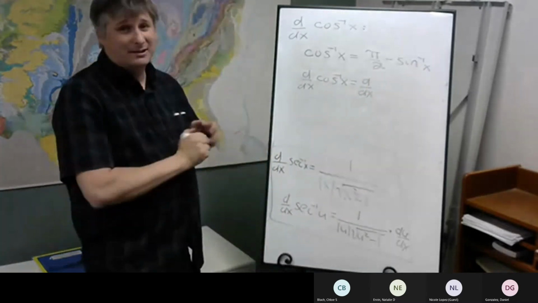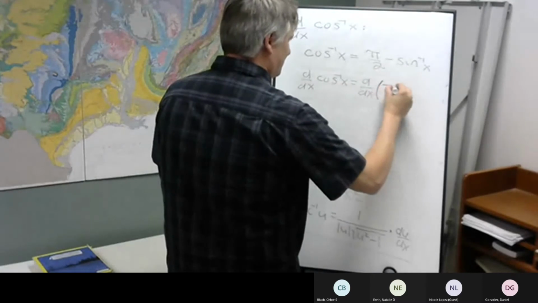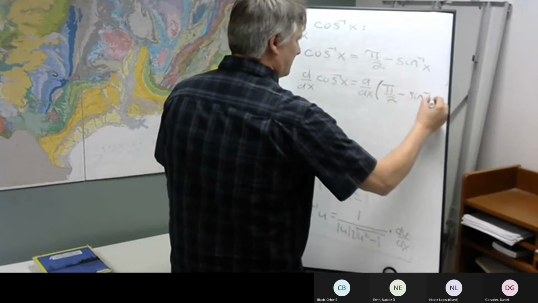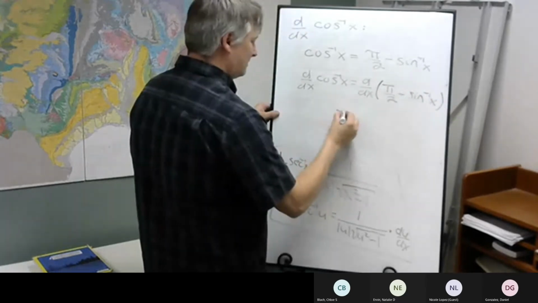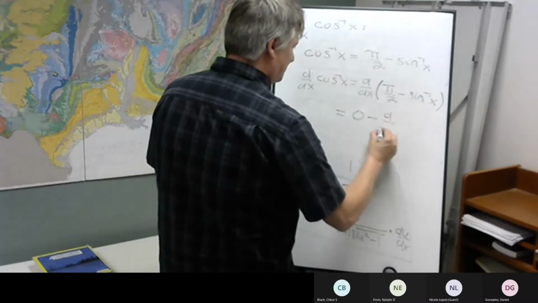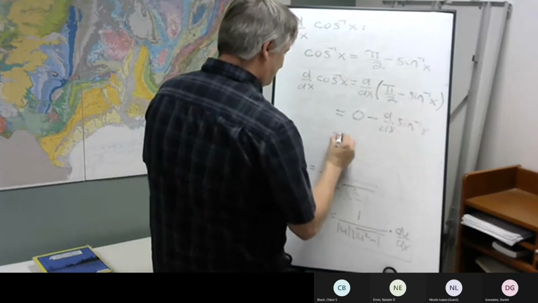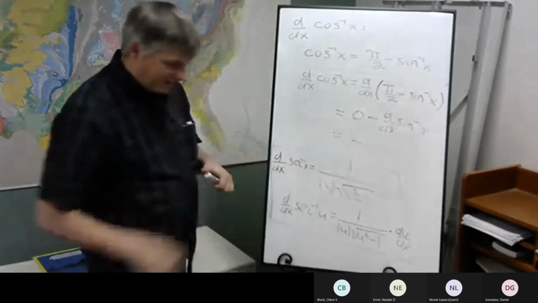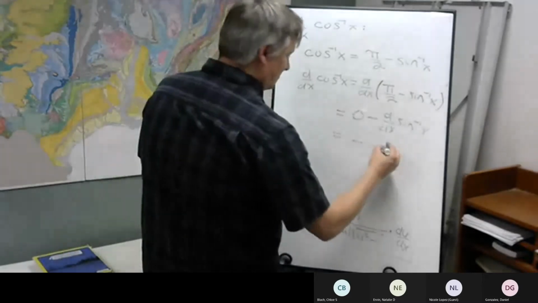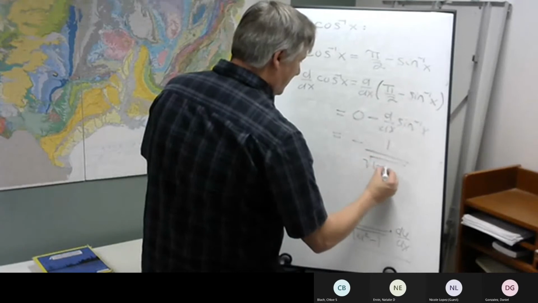It's going to make our job a lot easier. So this will be 0 minus the derivative of the sine inverse of x. And what we're going to get is negative 1 over square root 1 minus x squared.